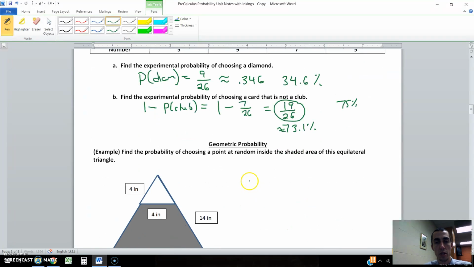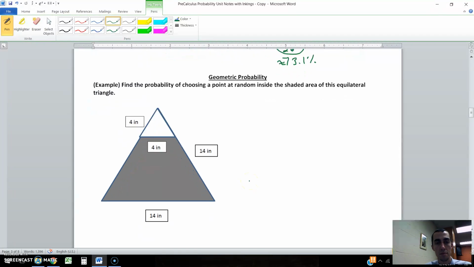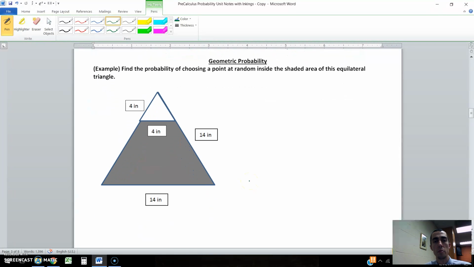Last one, geometric probability. We're going to find the probability of choosing a point at random and having that point fall inside the shaded area of this equilateral triangle. So essentially what we want to do is find the probability that a random point in this triangle is shaded. We're going to ignore the little blue outline there.